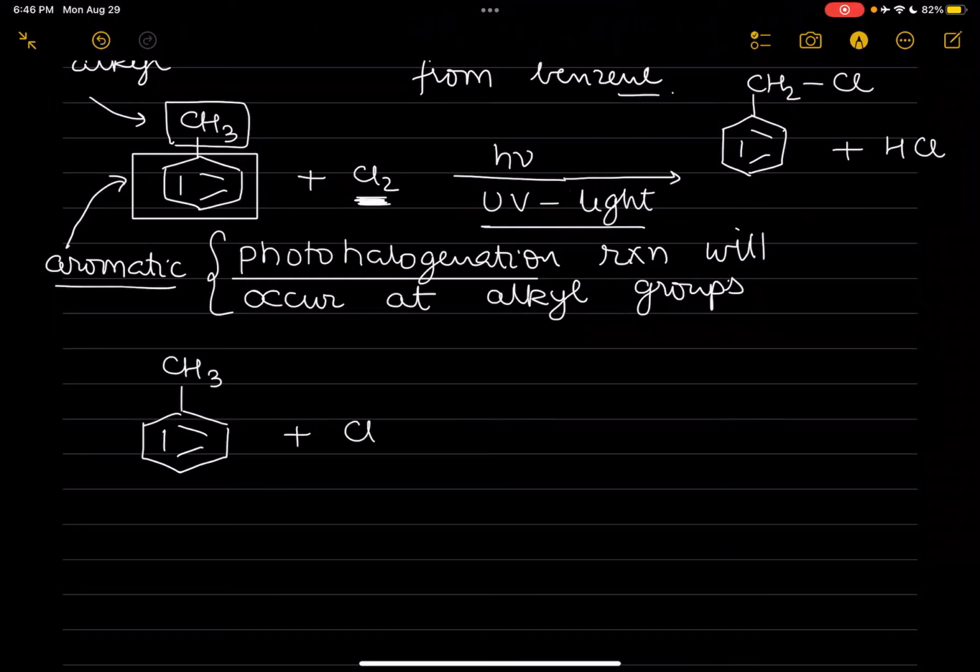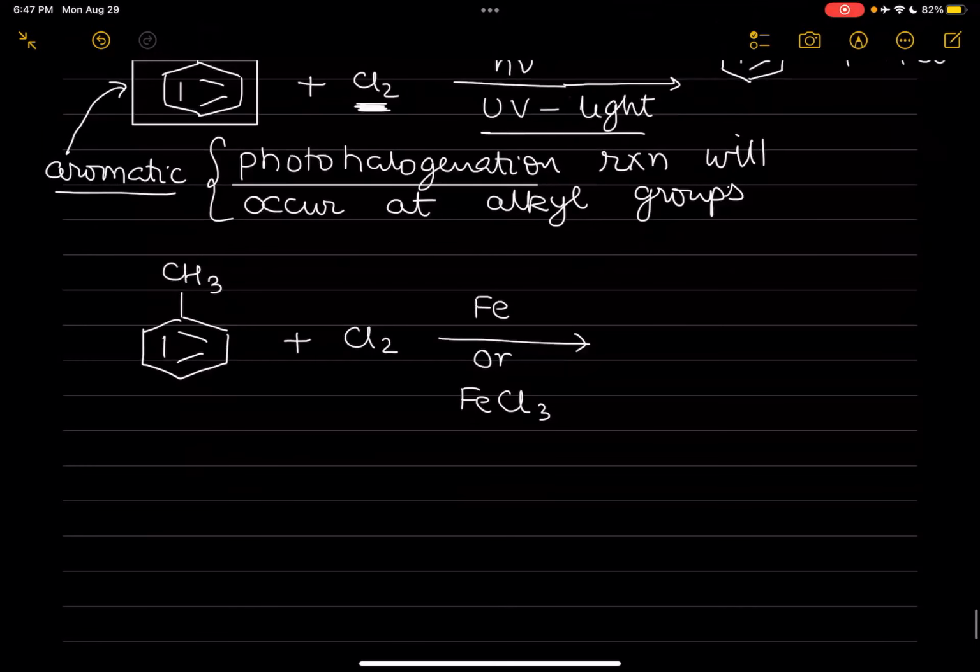Suppose I take chlorine and Fe or FeCl3, it is one and the same thing, because iron will get converted to FeCl3 in the presence of chlorine, and that is the catalyst. Or AlCl3. These are Lewis acid catalysts.